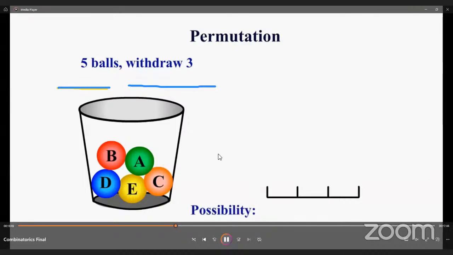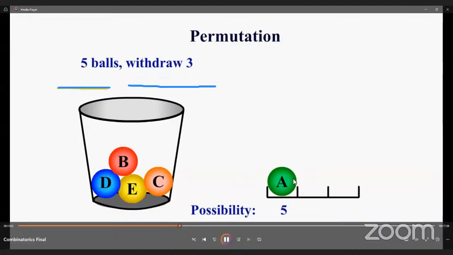That is the first place. There are 5 balls inside, so there are 5 possibilities. When you take one out, you don't put it back. So for example, you take the ball A, you don't put it back.